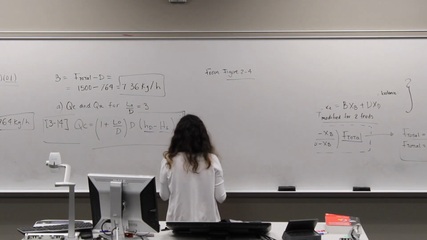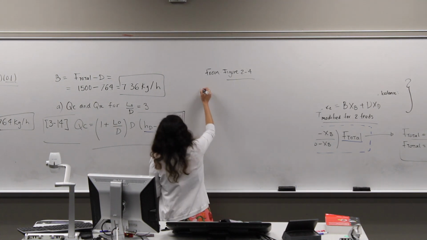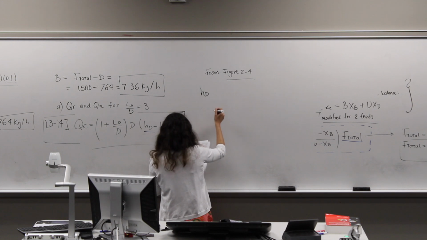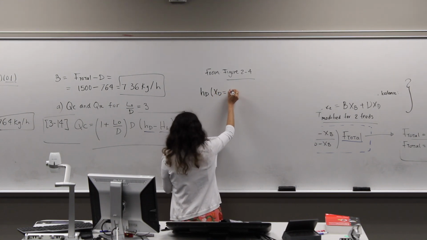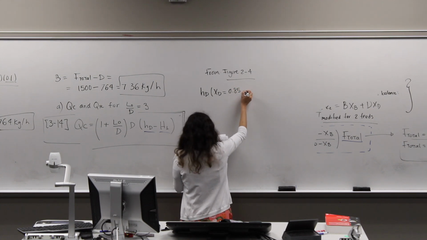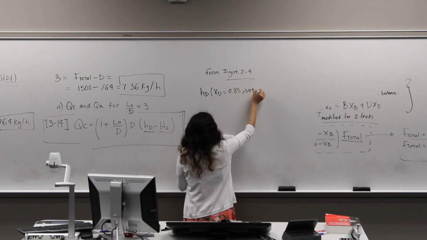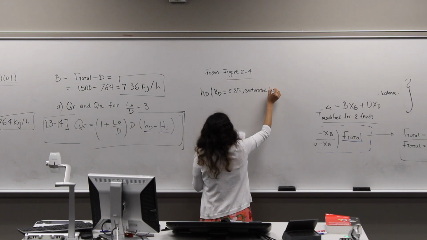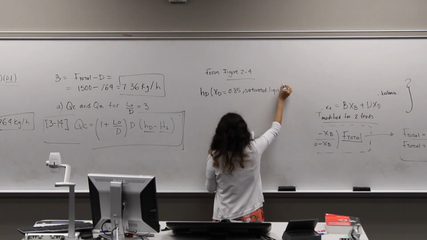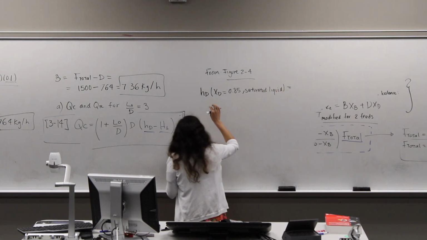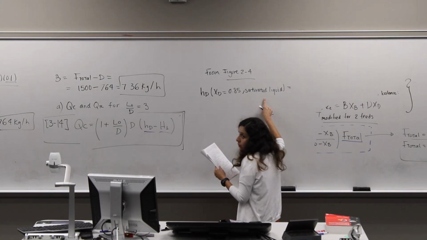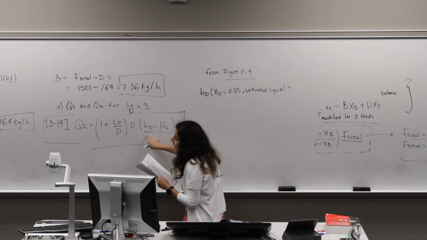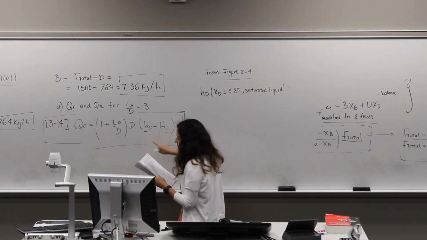Yes. And I need that you read the enthalpy for the distillate, and we know that the fraction is 0.85, and we know that we are dealing with a saturated liquid. So you need to read for a fraction of 0.85 and the saturated liquid line to get that enthalpy of the distillate.